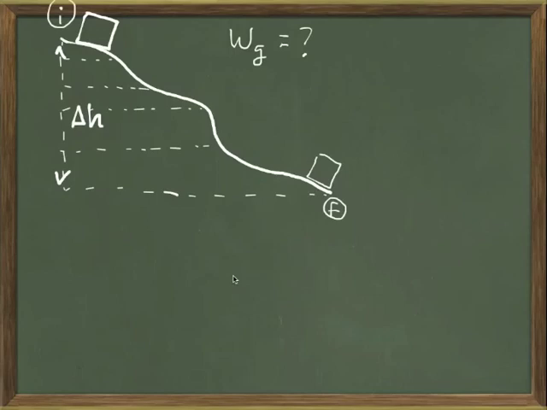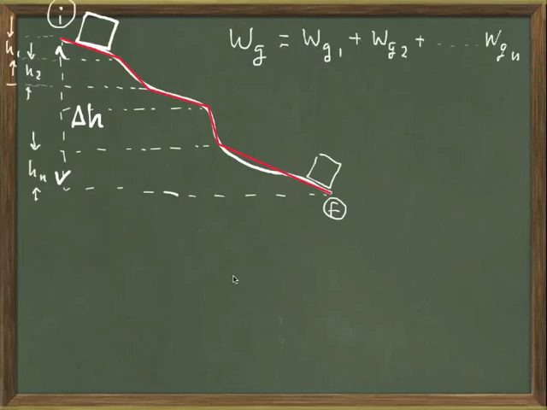We have the answer for the work done by gravity if the object was sliding down straight segments. If the object was sliding down this incline, then the work done by gravity was minus mg times h1, this height. So I know the work done by gravity in each segment.